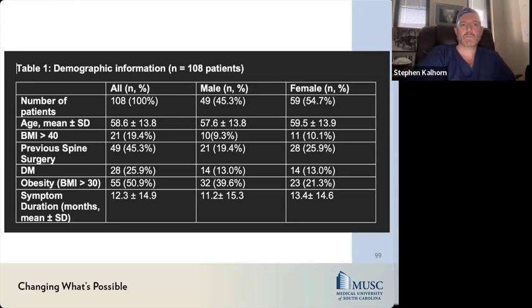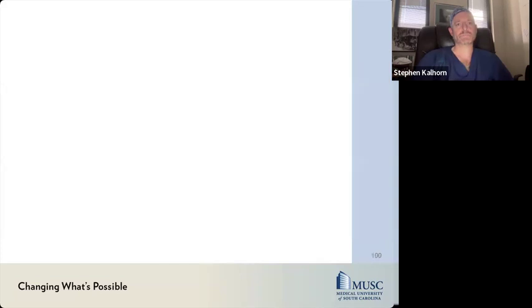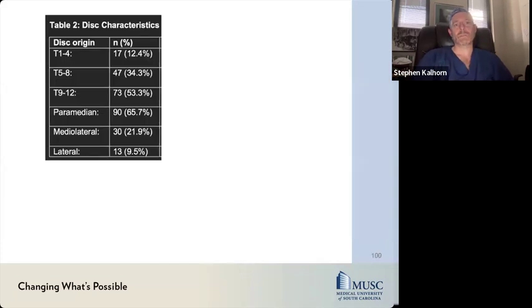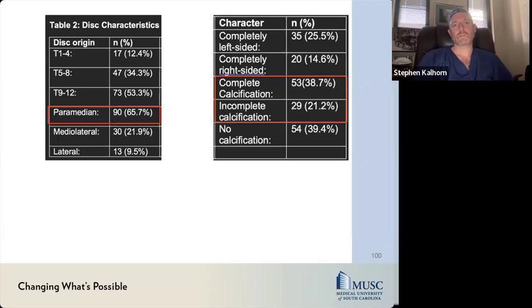A good number of them, 20%, had a BMI over 40. A good chunk had diabetes, and symptom duration was typically pretty long, so 12 months or so of symptoms before either diagnosis or surgery. The discs were, for the most part, paramedian. They were, for the most part, partially or completely calcified.